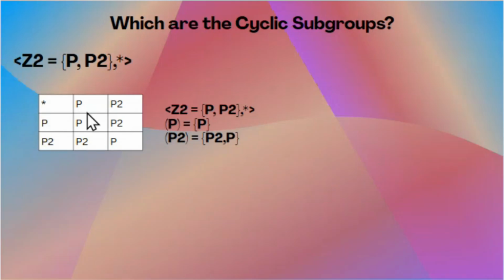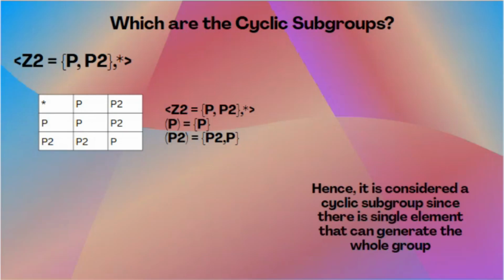Next one, for Z sub 2, we have P and P2 under binary operation star. So P star P is P, and then P2 star P is P2, and then P2 star P2 is equal to P. So therefore, it's considered a cyclic subgroup since there is a single element that can generate the whole group.